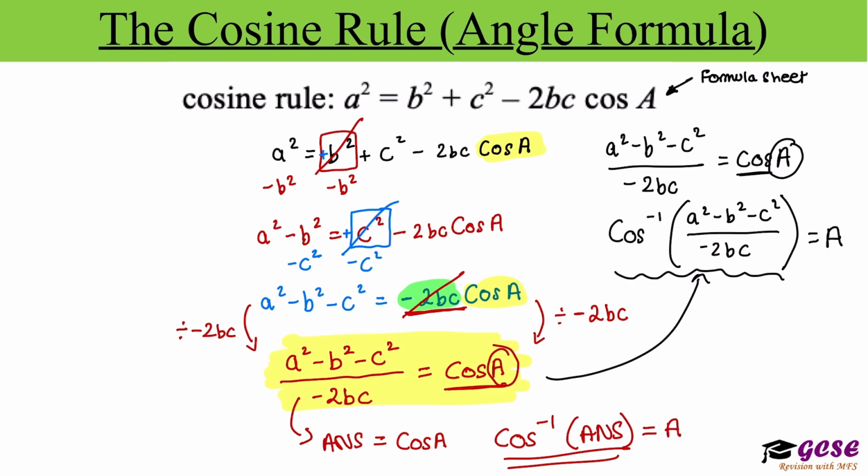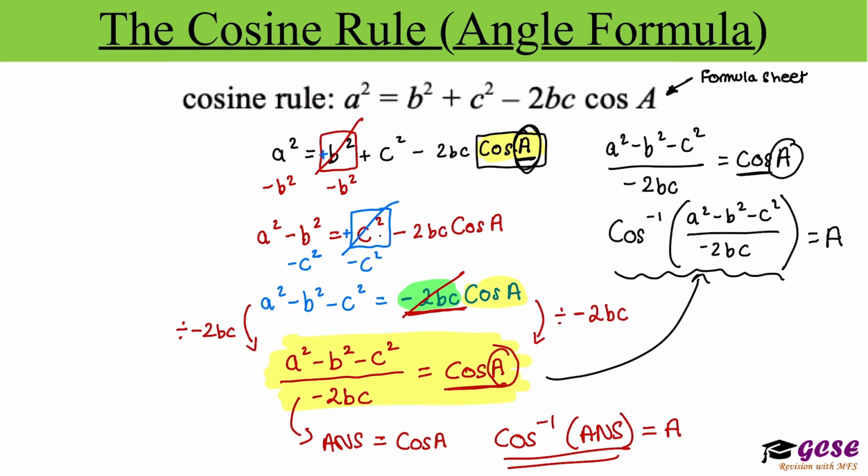Okay, so if we just reiterate our steps, we want to get A, the subject of the formula, or cos A, if you're fine with inversing your answer at the end. But ultimately, we want to work out A, so we want to get A as our final on one side of the equation. Okay, so we need to get rid of everything else apart from A. So to get rid of the b squared, we need to do the opposite, subtract b squared from both sides.